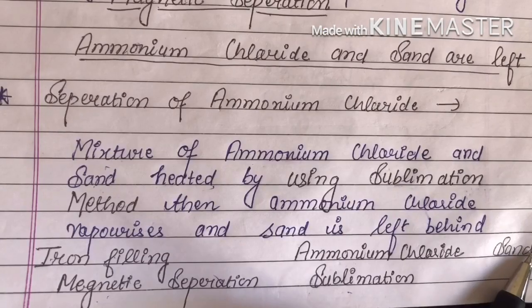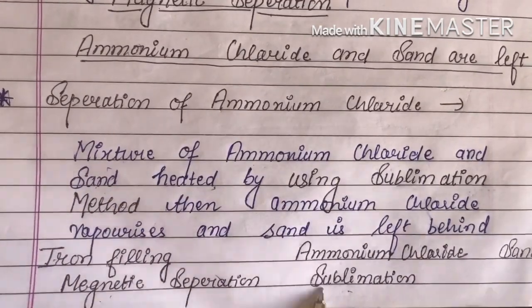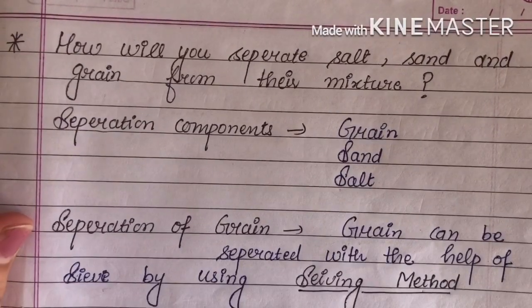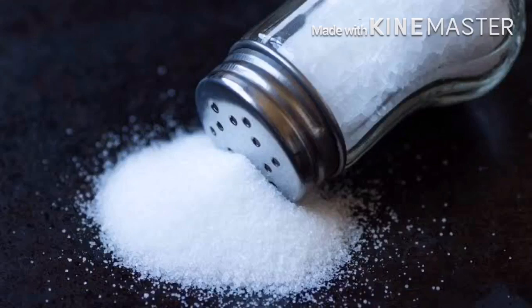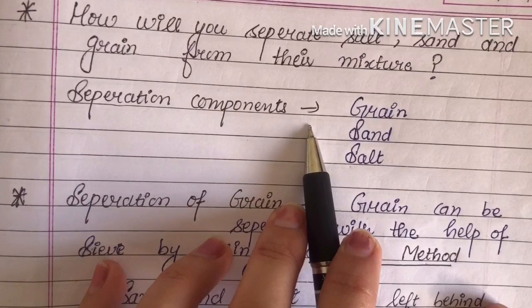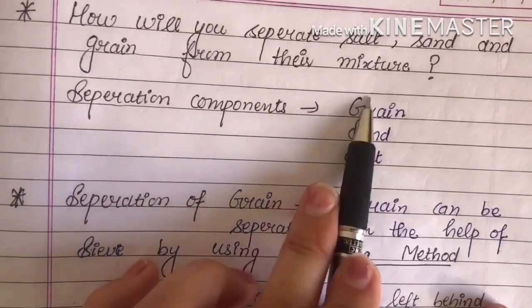So we separate the mixture by combining these methods. Next one is, how will you separate sand, salt and grain from their mixture? First find out the different properties that are not similar.